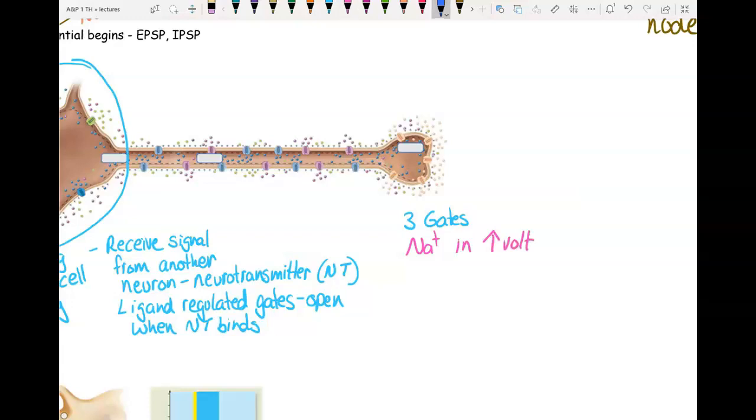We have the potassium gate that lets potassium out, and when potassium goes out, voltage goes down. We also have a chloride gate. Chloride, notice, is a negative ion. Everything else we've been working with is positive ions. Chlorides are 1 anion. When the chloride gates open, chloride comes in. And chloride coming in, because it is negative, reduces the voltage.